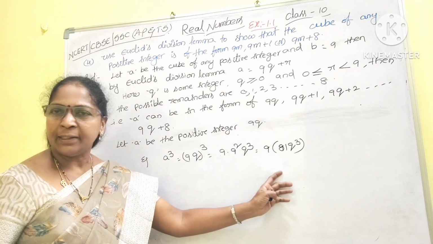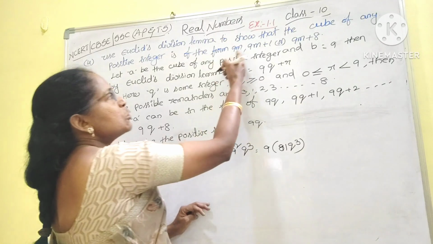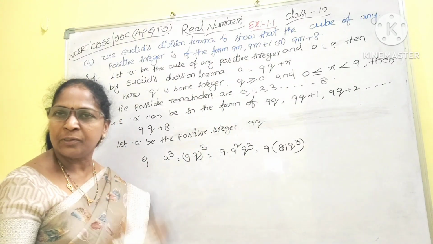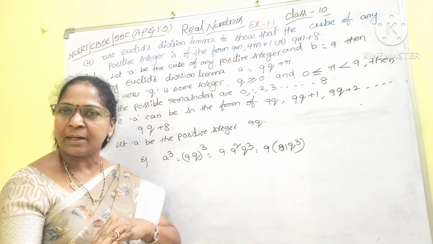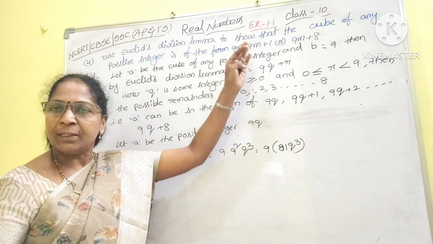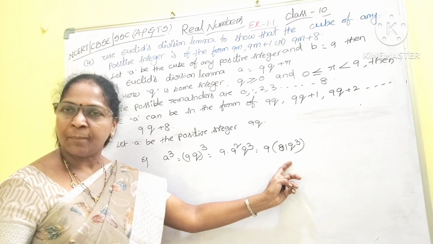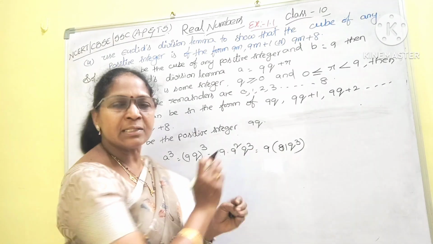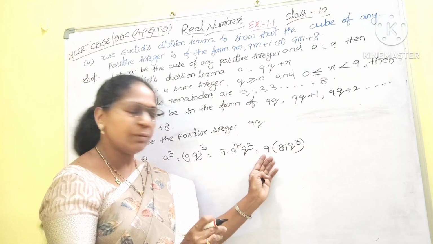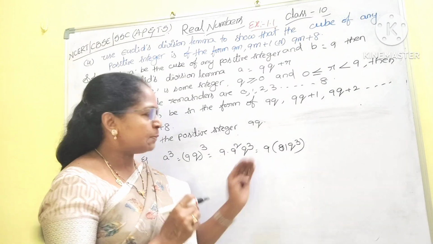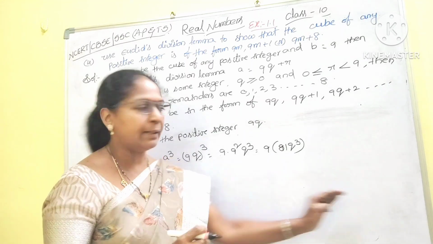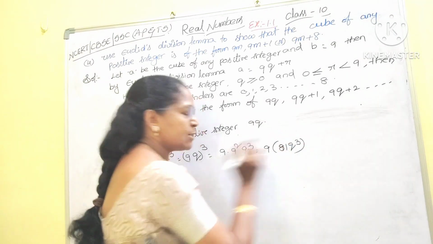Why I have written like this: here you have to show that the cube of any positive integer is of the form 9m. That means multiplication of 9 in terms of some other number, which you can assume. So here multiplication of 9 only is given, so you have to take 9 out as common. That means 9 multiples only you have to write, 9 multiplication of an extra number.